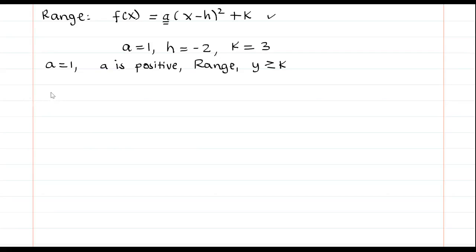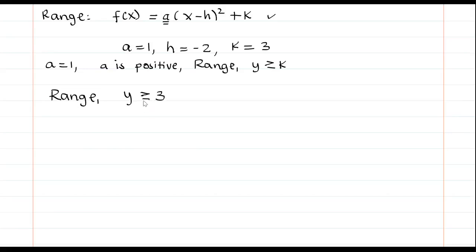So simply, our task here is to identify a. We check whether a is positive or negative. If it is positive, like for this case, our y is more than or equal to k. Therefore, our range y is more than or equal to k. What is k? 3.